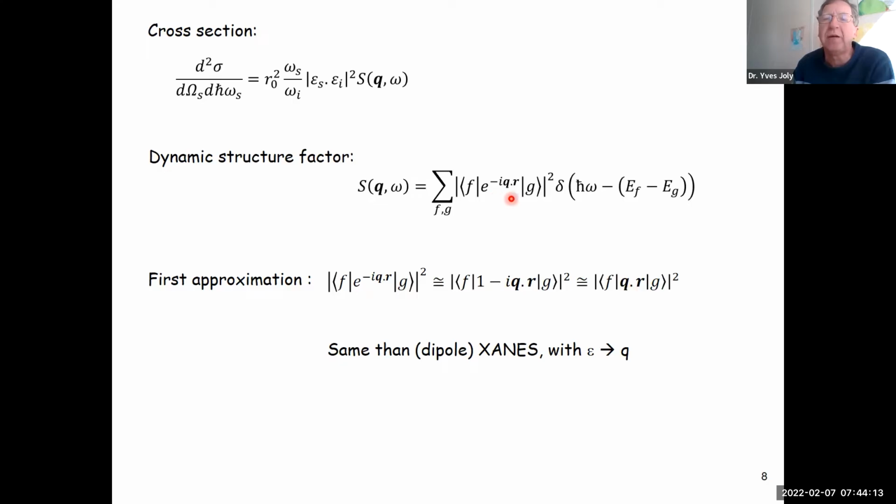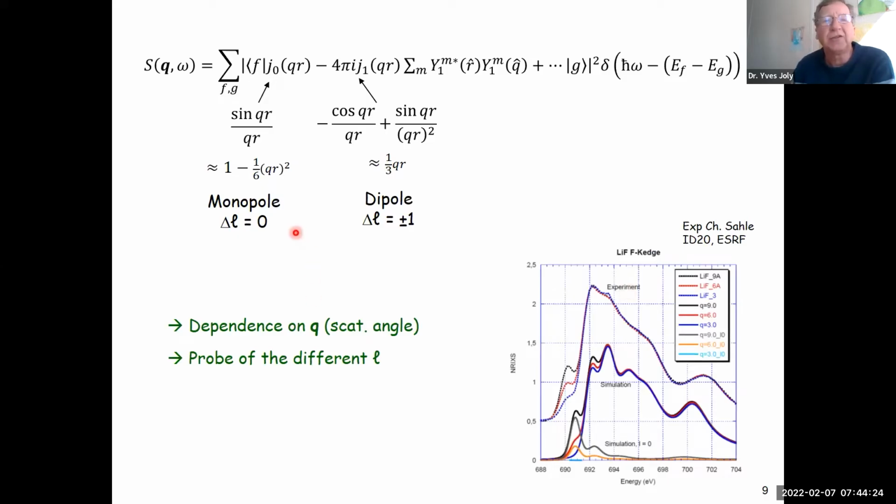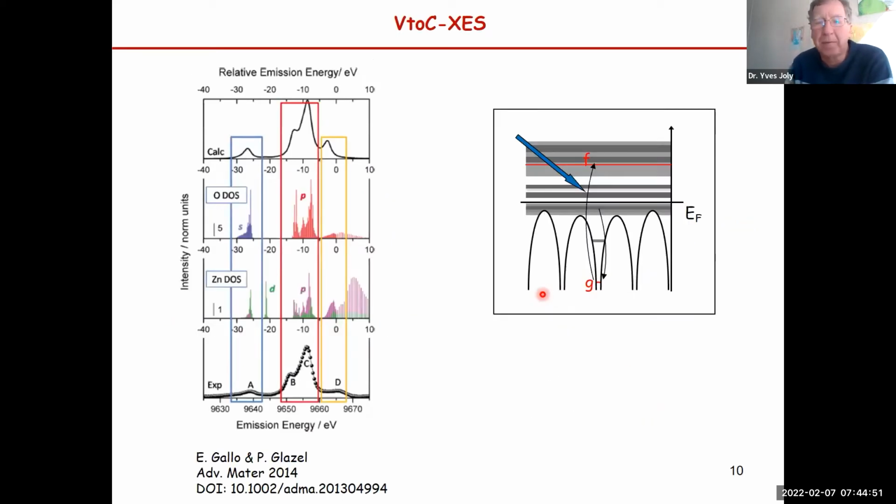You just replace polarization by Q, and you get more or less the same thing. But we can go a bit further, and the difference with XANES is that you can also have a monopole term, a transition which is delta L equals 0, so you probe not only the dipole term, but also the monopole term plus the quadrupole term. It can be interesting in some cases because you can see specific features that you cannot see in classical XANES. So the code can also calculate this kind of phenomena.